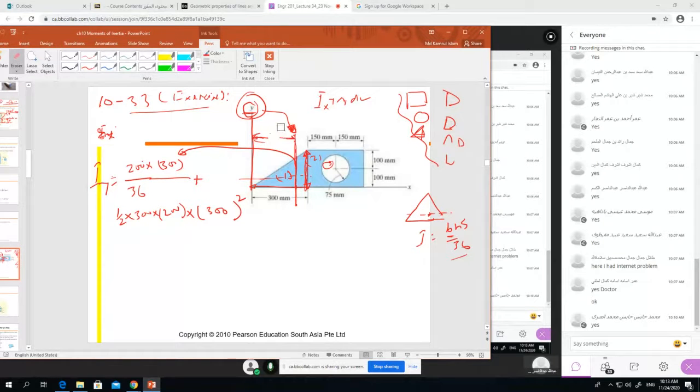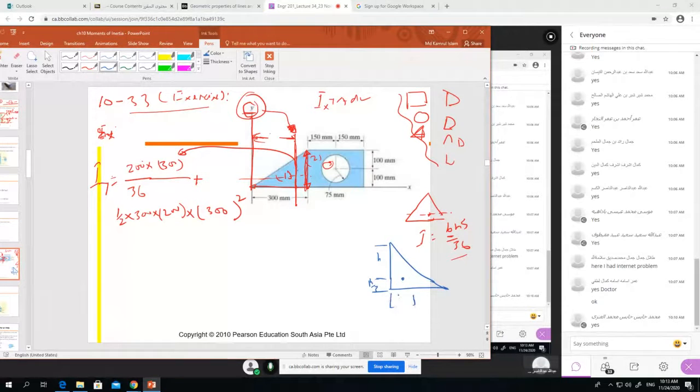From here to here, what is the distance? One thing I did wrong, I tell you. The center is from the base. We already learned in chapter 7 that the centroid of a triangle is 1/3 of the height.